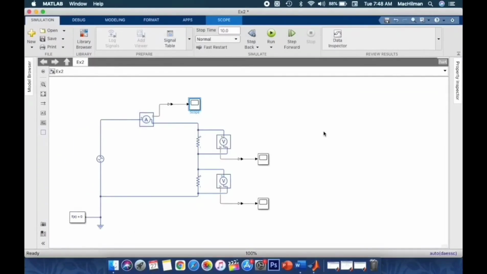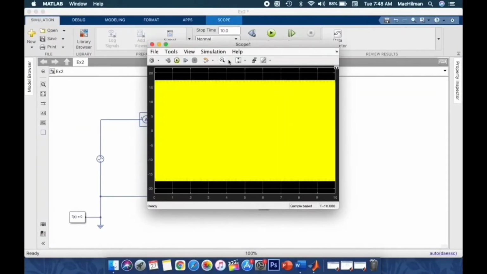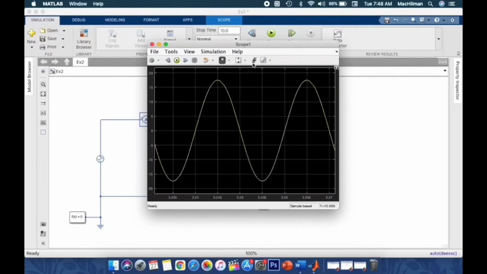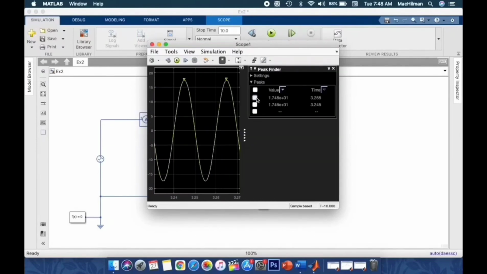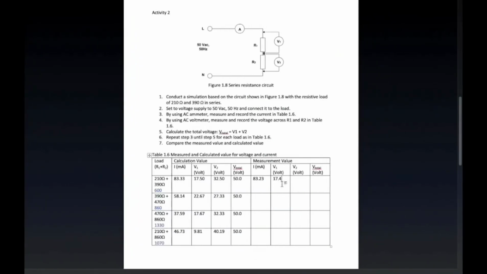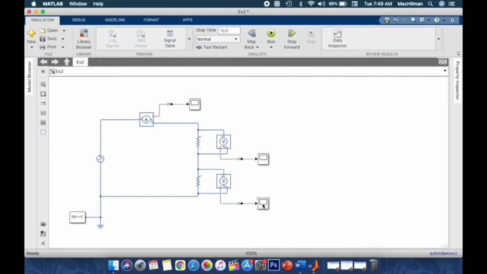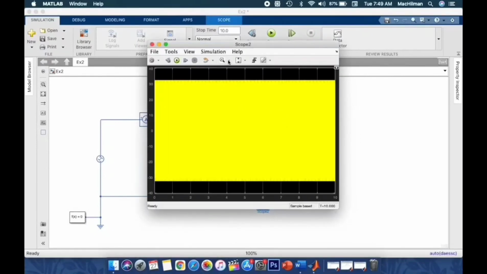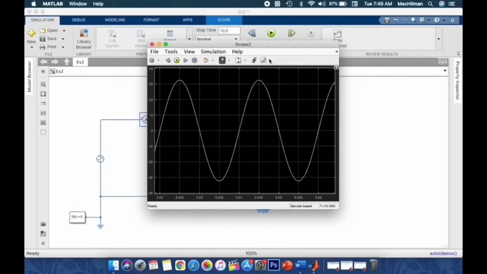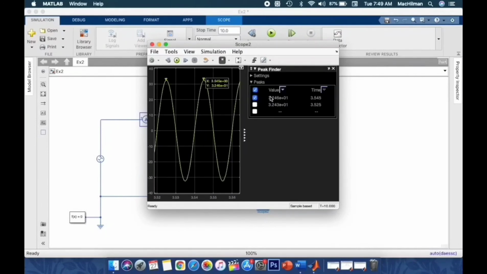Now let's find our V1. We get 17.848. Now let's find V2. And we get 32.46 volt.